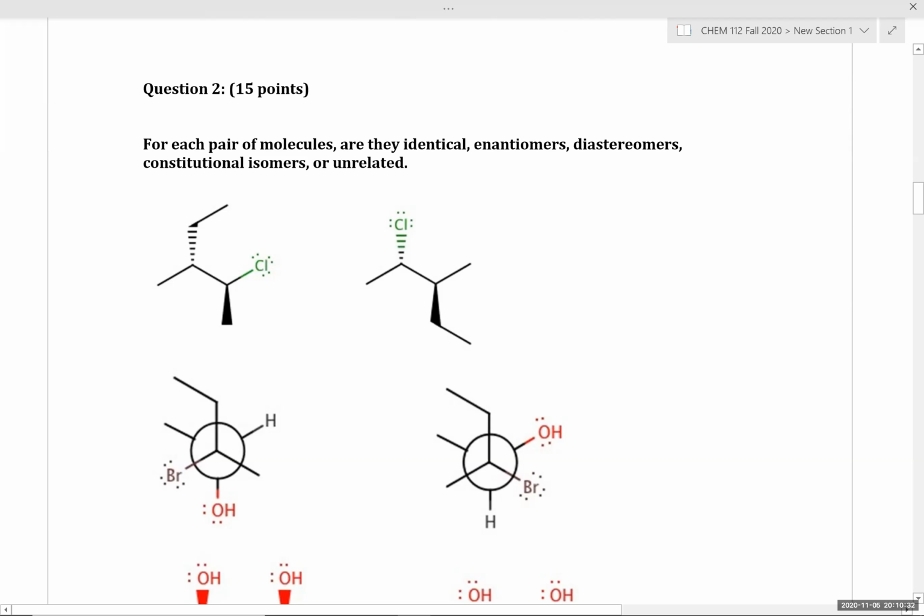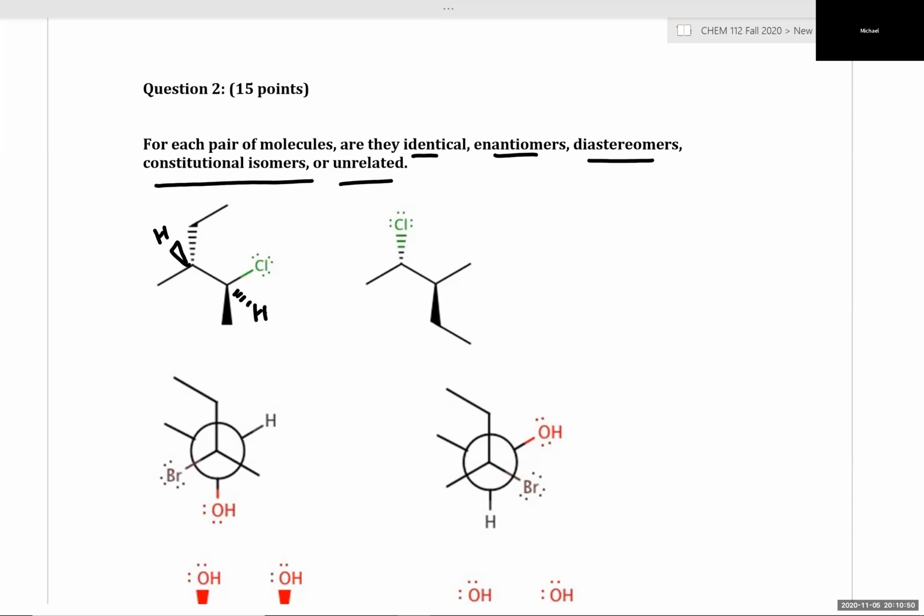For each pair of molecules, are they identical, enantiomers, diastereomers, constitutional isomers, or unrelated? We're going to have to break out our model kit for this one. So let's try to put together these molecules using our model kit.